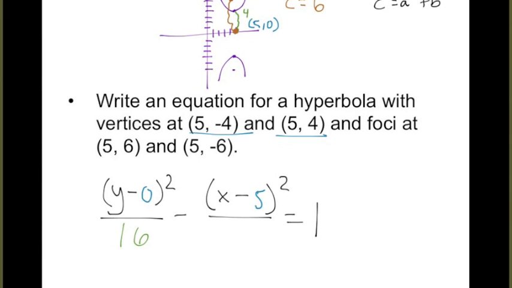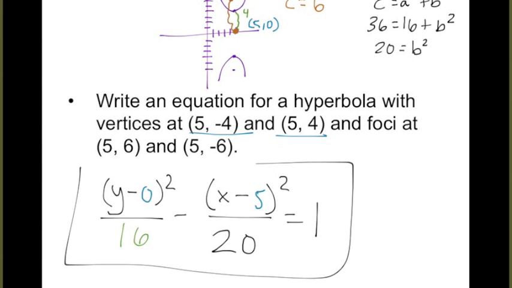So C is 6, so that gives 36. A squared is the number we already know, and B squared is the number we're looking for. So B squared is 20, and that's what goes in the equation. We don't need to take a square root because in the equation we want everything to be squared.